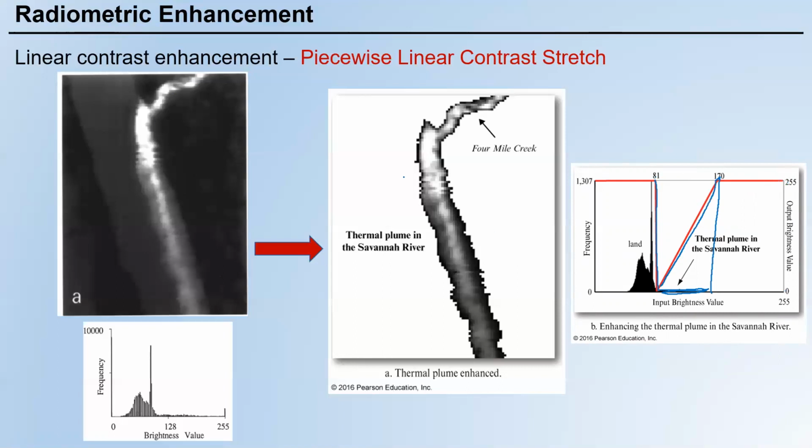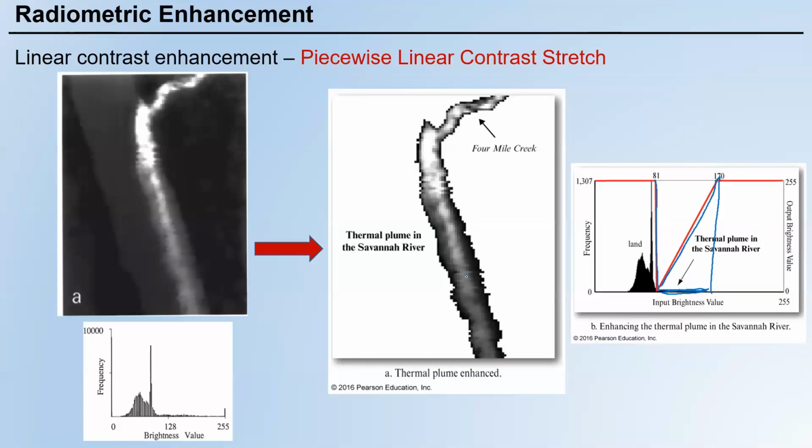So as a result, land pixels and pixels for Savannah River are all pure white here, because they have a value of 255. In other words, they are masked out. We only care about this 4 Mile Creek, and a linear enhancement was done to enhance the dynamic range of all those pixels for this river.